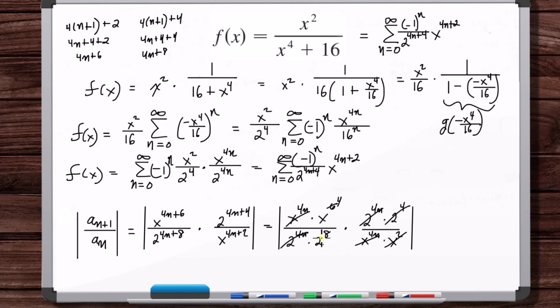Okay. So this is what? X to the 4th over 2 to the 4th. And with the ratio test, the requirement for convergence is that this is less than 1. So we need to solve this inequality. So multiply both sides by 2 to the 4th.